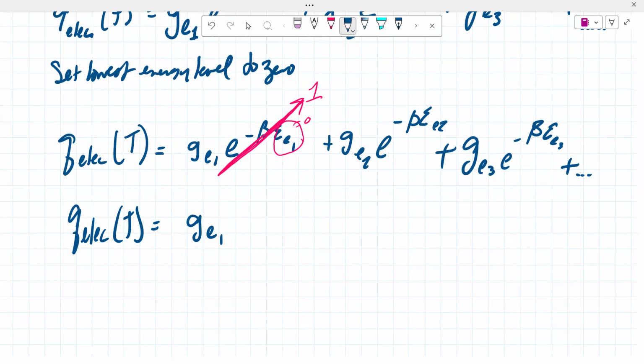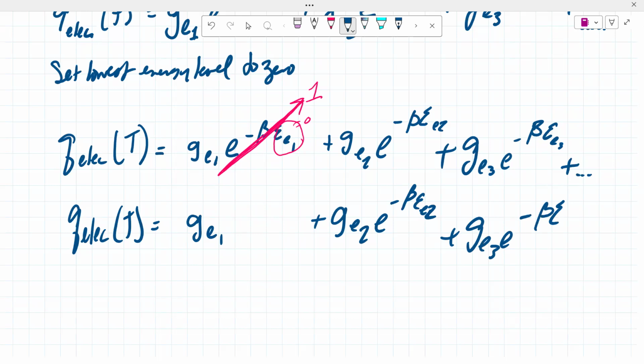We'll just multiply by 1 plus, and then all of these things just carry down. g2 e to the negative beta E2 plus g3 e to the negative beta E3 plus blah, blah, blah. Okay, so note that Q electronic is a function of T, which we tell by this right here, but not V.